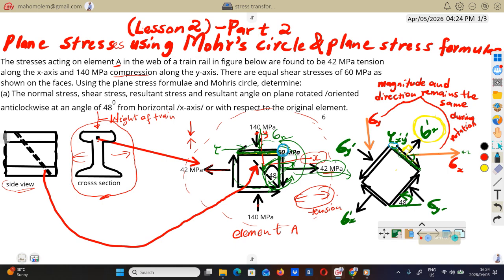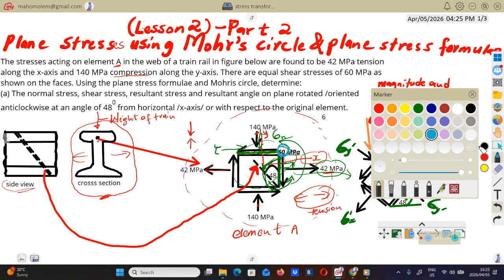remember the shear stress we can say is caused by the sliding force. The sliding force is the force acting parallel to the plane. So the stress that acts perpendicular to the plane will be normal stress. The one that acts parallel to this green plane is going to be the shear stress.